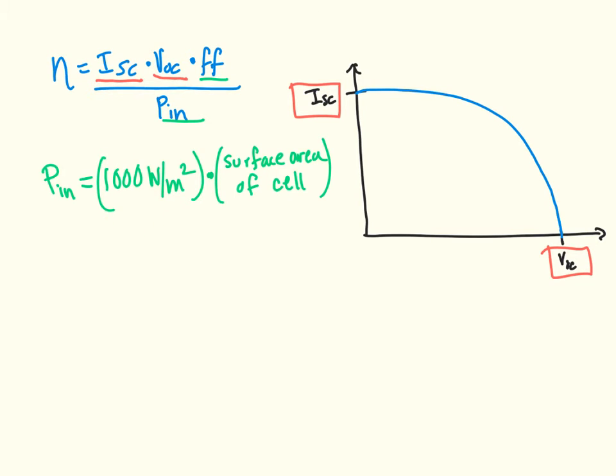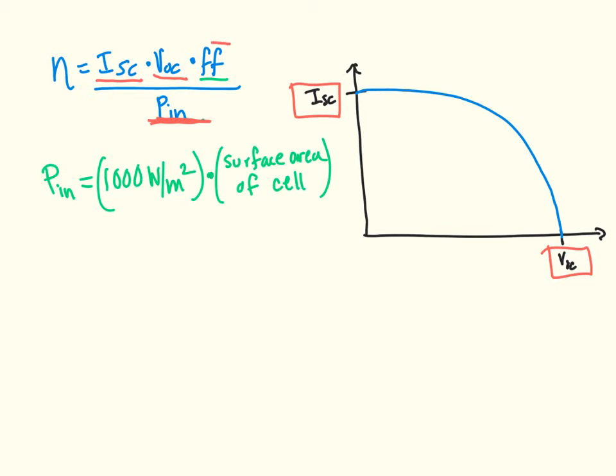This value is equal to 1 sun, and the solar simulator that we're using is going to be giving off a light intensity equal to 1 sun. So we can automatically assume that the light intensity will be 1000 watts per meter squared. Then you just find the surface area of the cell and plug it into P in, which means we already have the value for P in, the power.